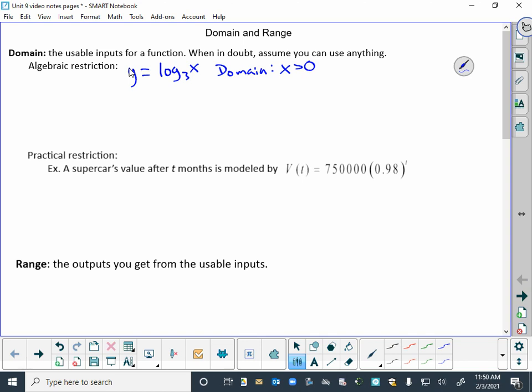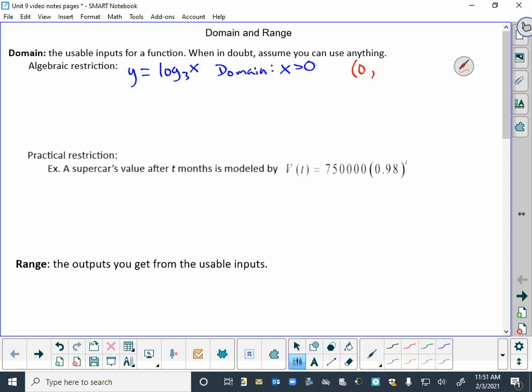So one way to communicate this domain, there's different kinds of representations that we can use, is just like I did here, which is an inequality where I say the inputs that work are the ones that are bigger than 0. We also have what we call interval notation. In interval notation, that would look like this.